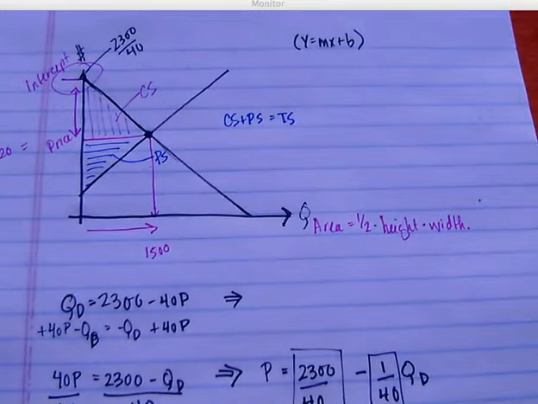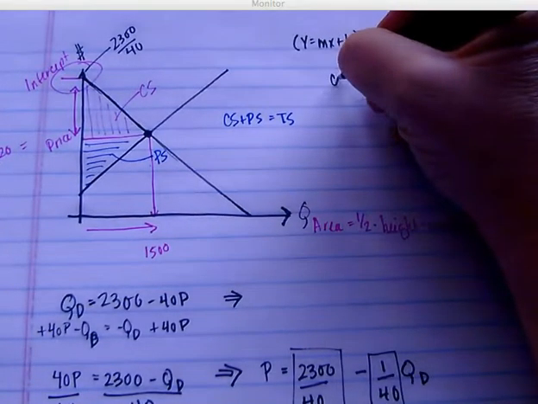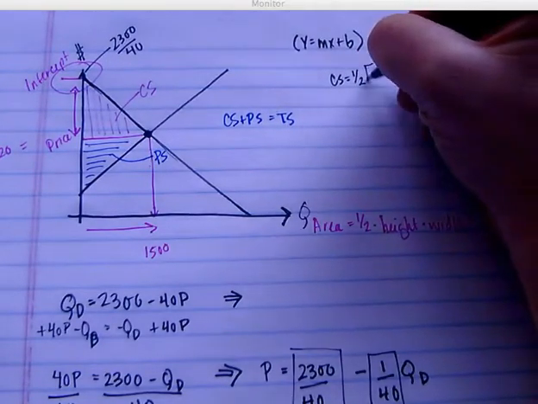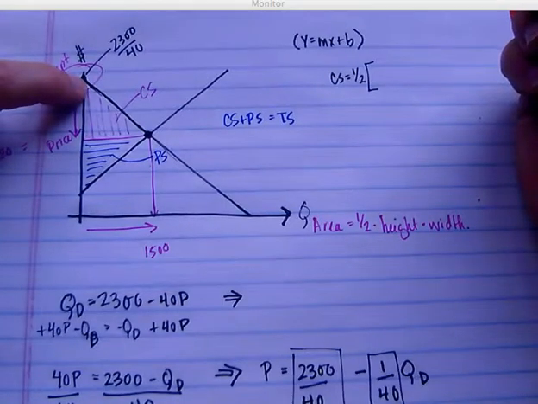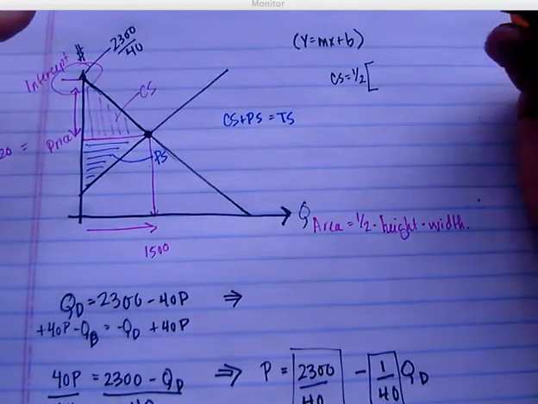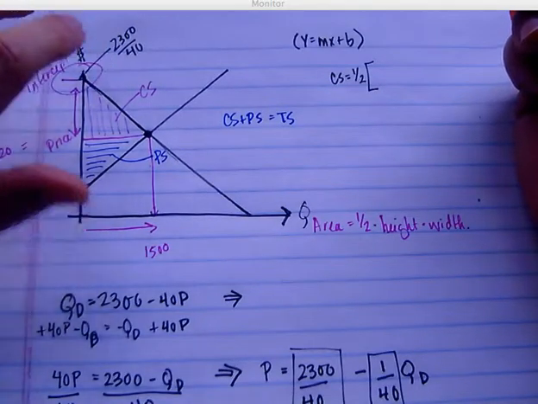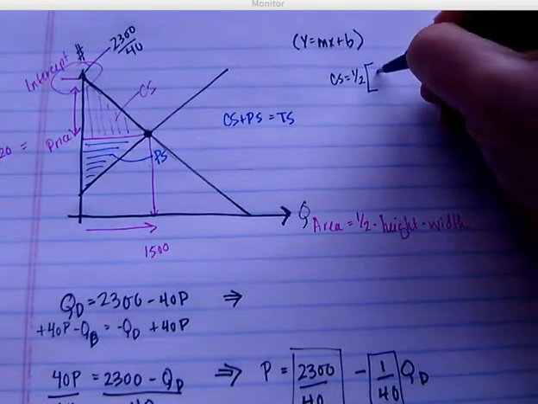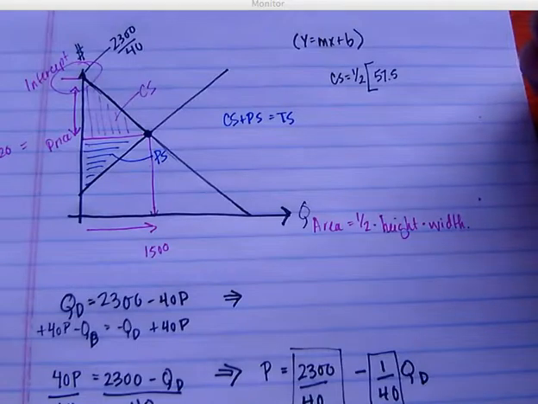Now we can calculate consumer surplus. Consumer surplus is equal to 1/2 times the base times the height. We want the distance between 2,300 over 40 and 20. It might be easiest to simplify first: 2,300 over 40 is 57.5, if you get your calculator out.